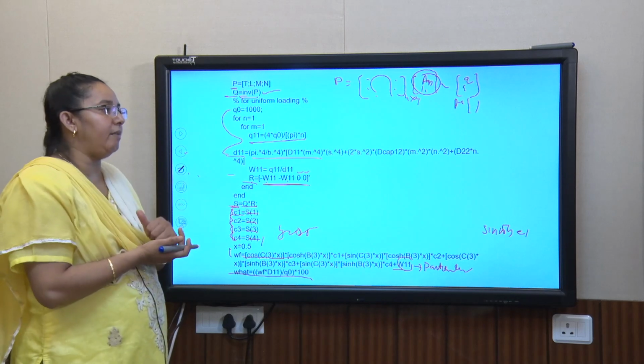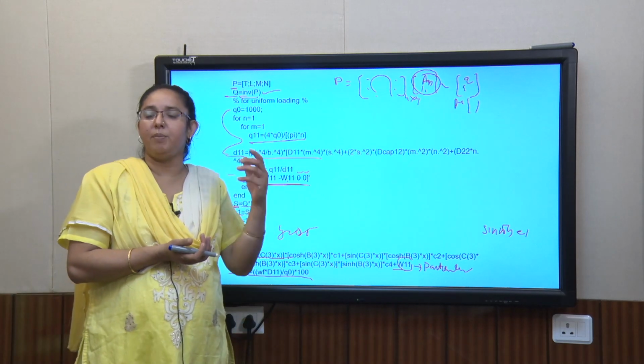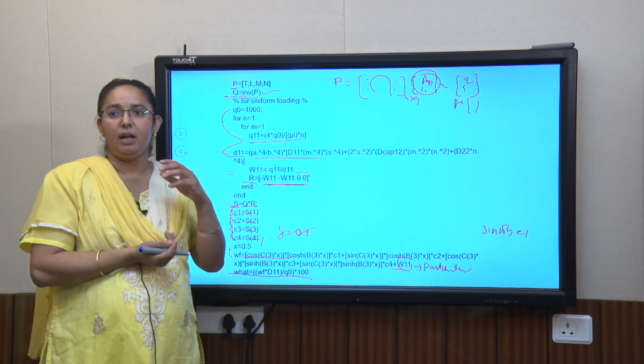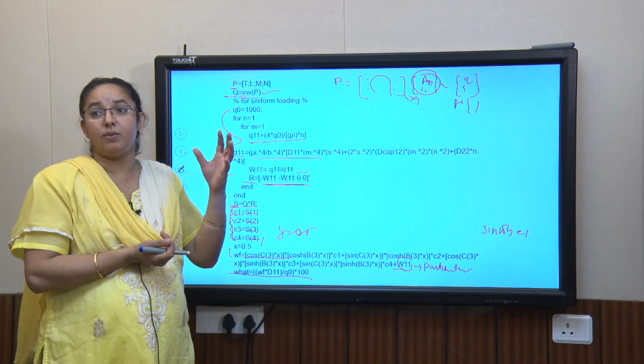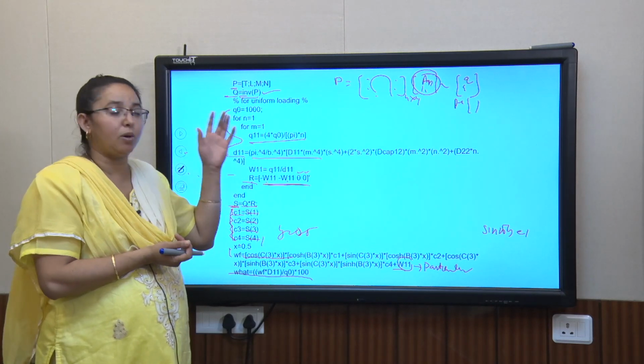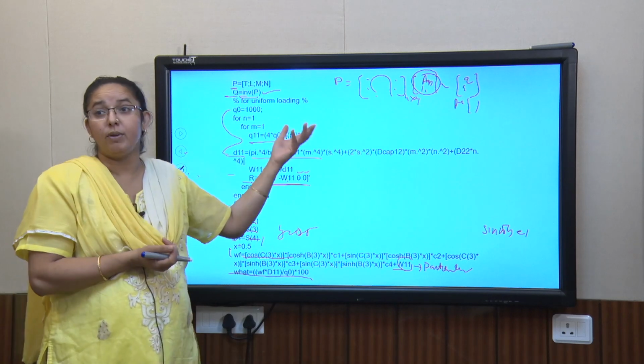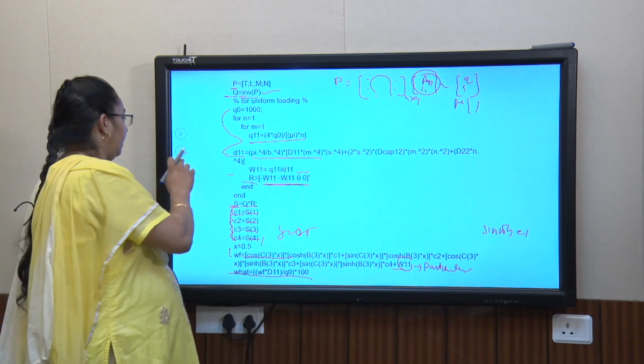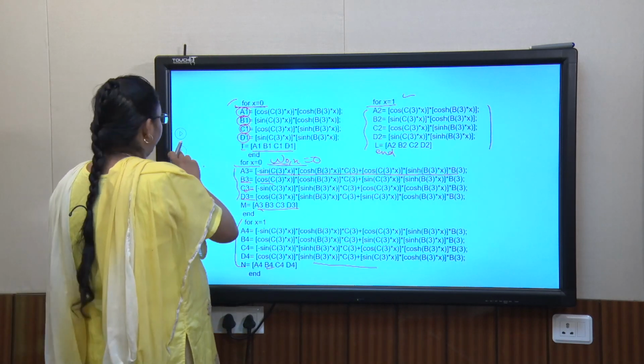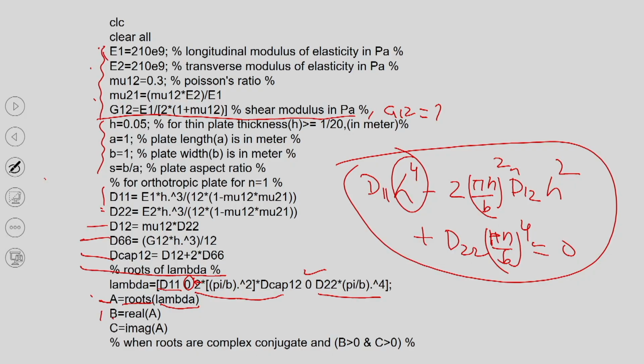When a person is working in computational mechanics, he must be aware of the second reference. It is very much required, because whatever code you have written, there may be a lot of mistakes. Like recently I found that it should be -1 here, otherwise there will be some issue.